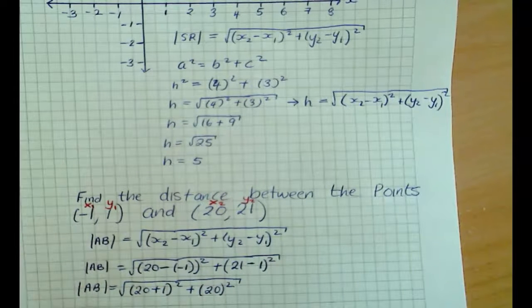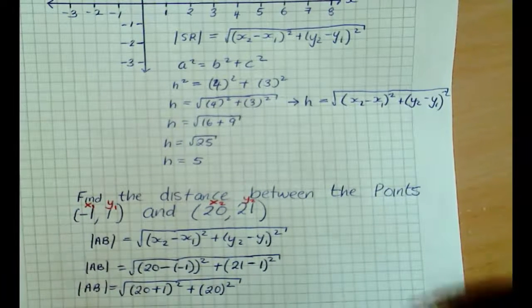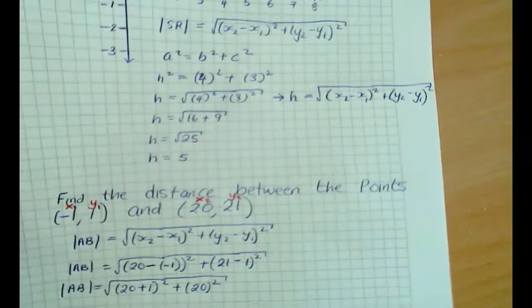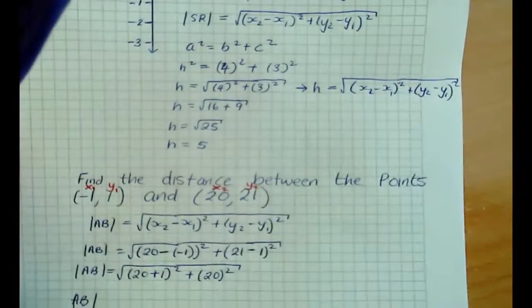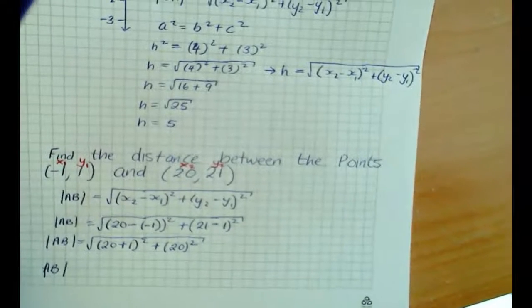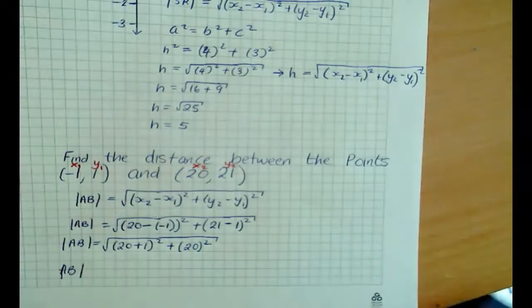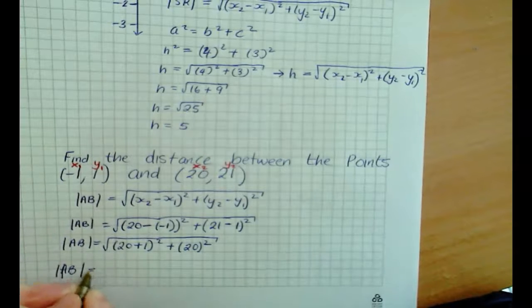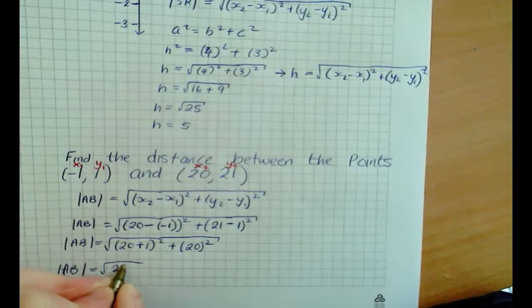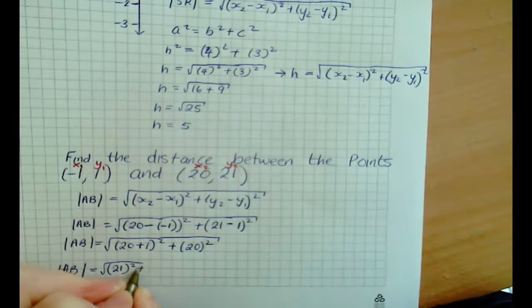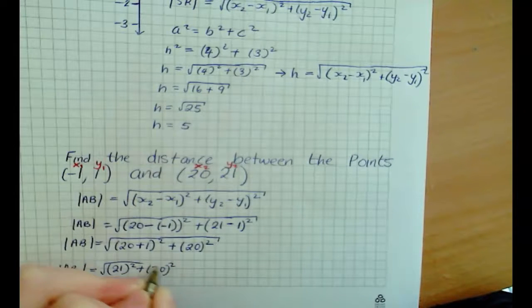So AB then is equal to the square root of 20 plus 1 is 21 to be squared plus 20 to be squared.